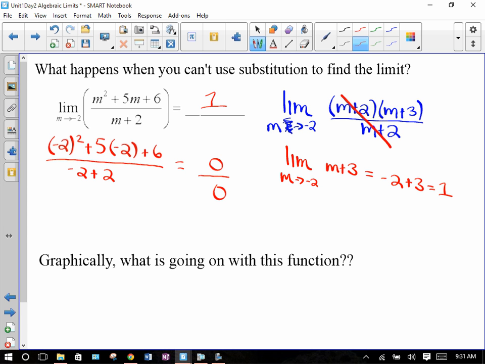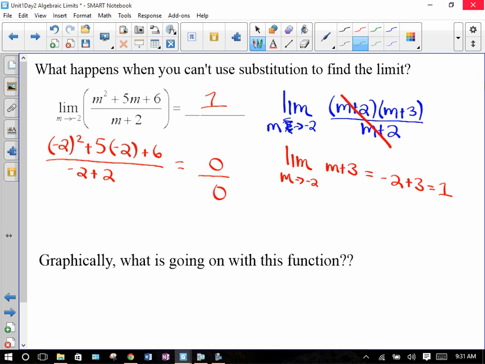So what I want to do, though, is think about what is actually going on here with this function. Why is it that we have to rearrange the numerator and cancel stuff out in order to find the limit?